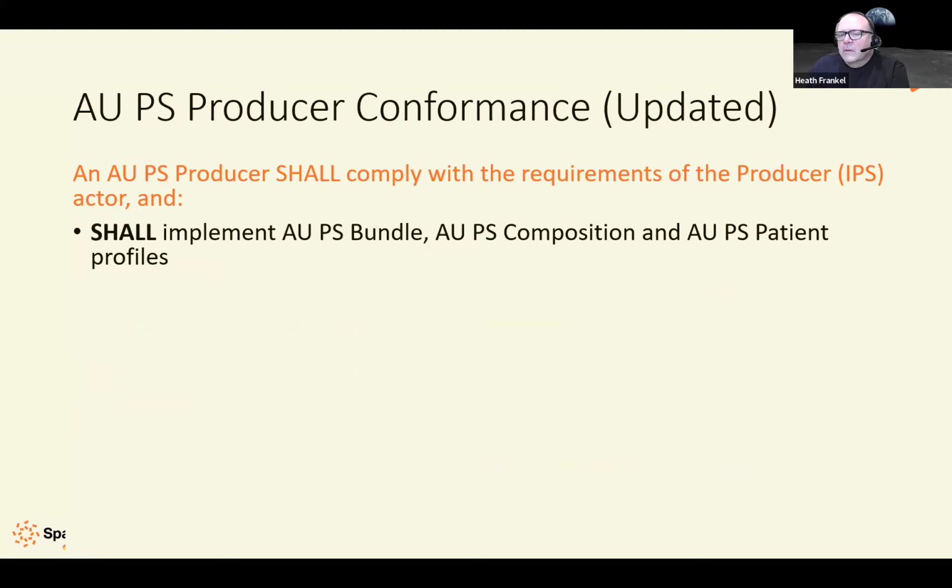Okay, so moving on to the producer then. My color coding here, just for your reference, is that the new content wasn't presented last week, and the black is what I pretty much presented last week. So we're going to focus more on the orange than the black. AUPS producer shall comply with the requirements of the producer IPS actor and shall implement the AUPS bundle and composition and patient profiles.